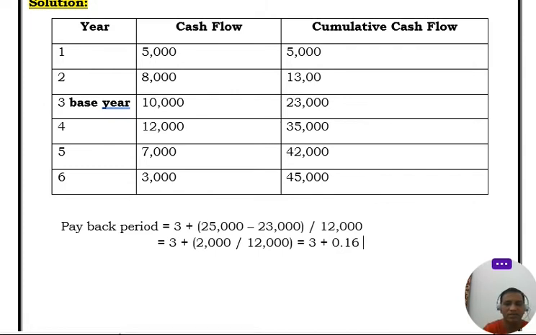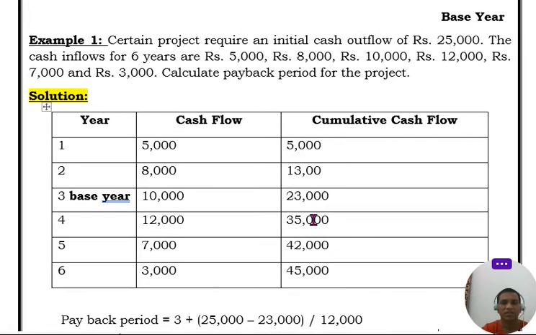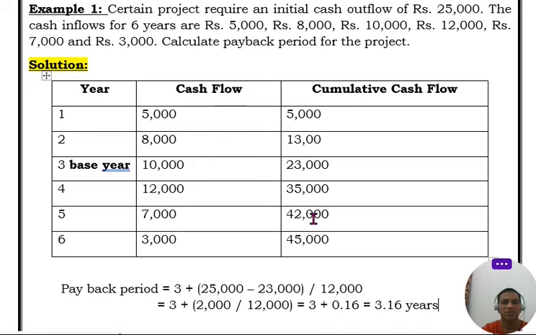That equals 3.16 years. So the payback period of this project is 3.16 years. That means you are getting back the cost of the project, the cash outflow of 25,000 rupees, in 3.16 years in the form of cash inflow, cash flow after taxes.